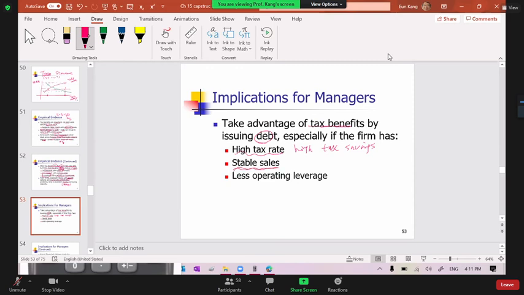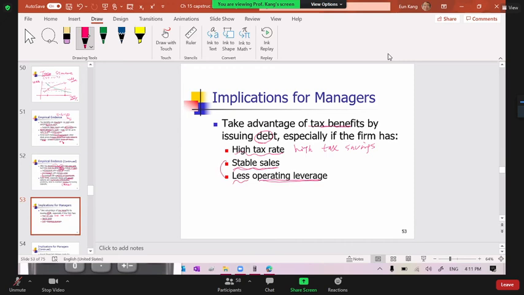Stable sales means what? Your company is less risky, so you can take more debt, right? A risky company finds it hard to take debt because if some bad things happen, they may go bankrupt. And less operating leverage. So that means what? Less business risk.